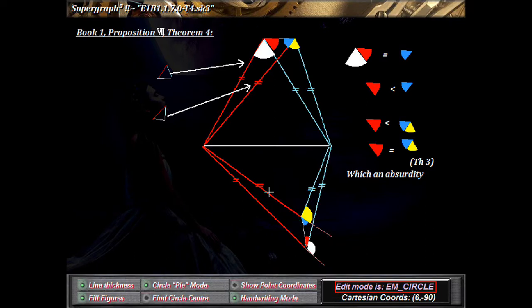This blue is the external angle for this side, and red-blue is the external angle for this side, and they're supposed to be equal. So this statement is true again.